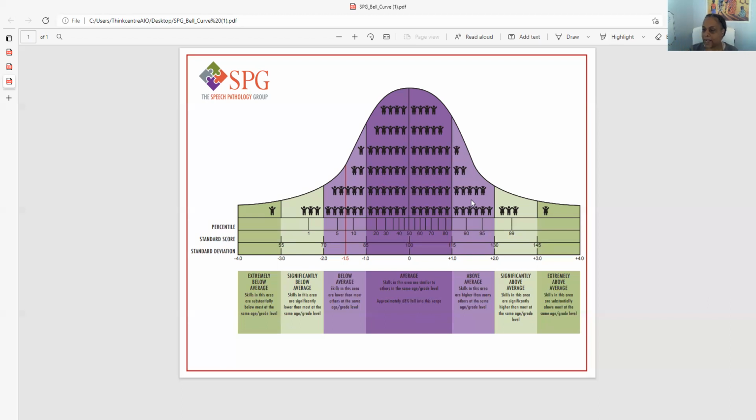You can zone right into the broad area, and then delve a little bit more. So knowing this information is very useful if you're giving tests, if you're reading a report, if you're a parent and a parent receives this and asks, can you explain it? It gives us an idea of where a child is.